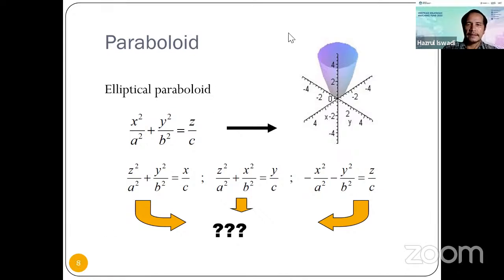Okay, let's look at the equation for the paraboloid. We have two variables with power of 2, and one variable with power of 1.